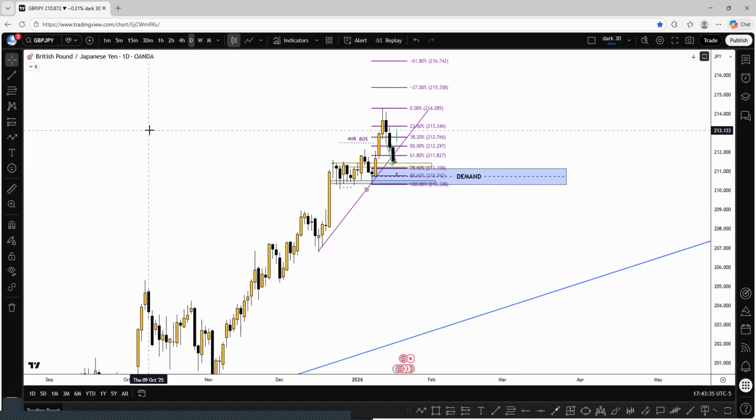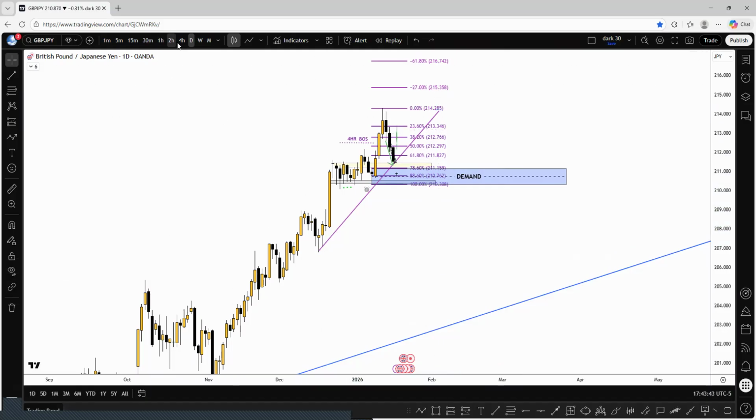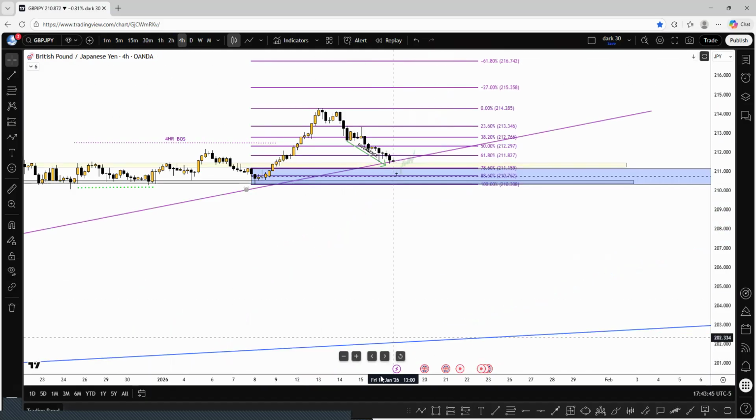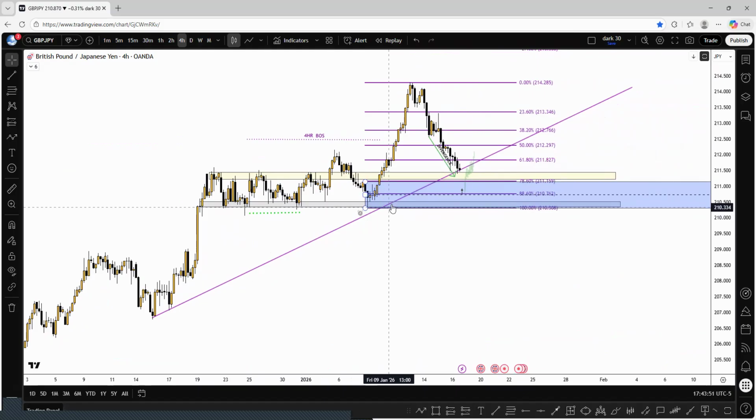As I go down further in time frames to the 4 hour, you see that, and I was waiting for this to happen last week, but I was waiting for it to go up, but it pulled back deeper, deeper retracements.